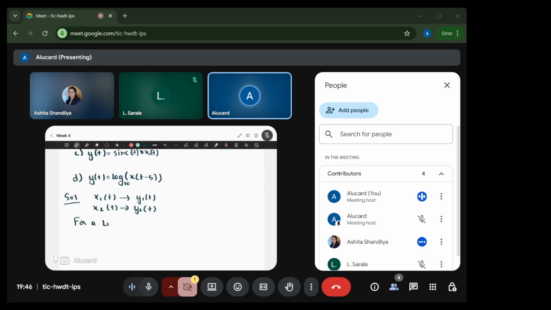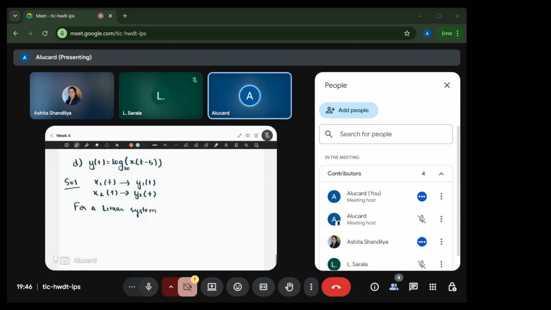Then for a linear system, any linear combination of the inputs, and by linear combination I mean we scale each of our inputs by some constant, here I'll take the constants A and B, and then add the two, then the output should be the same linear combination of the individual outputs. So that is a linear system.